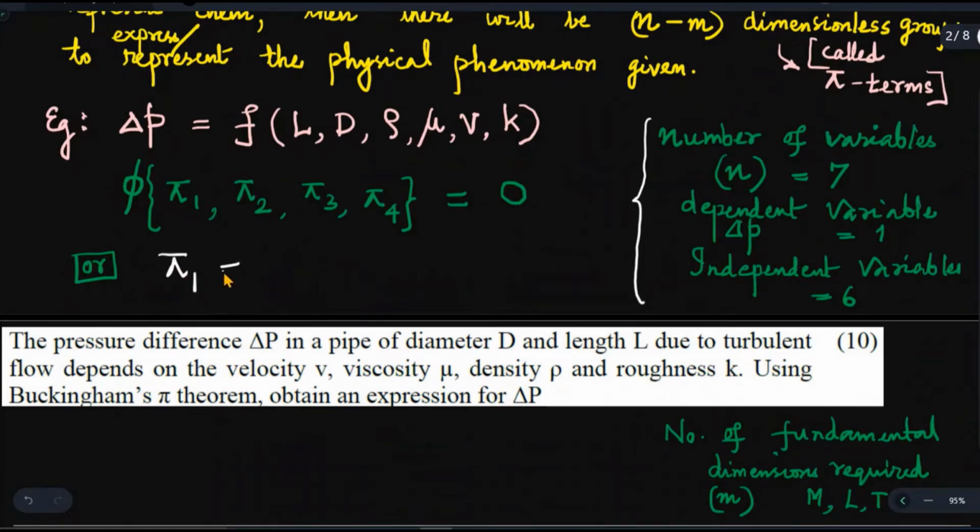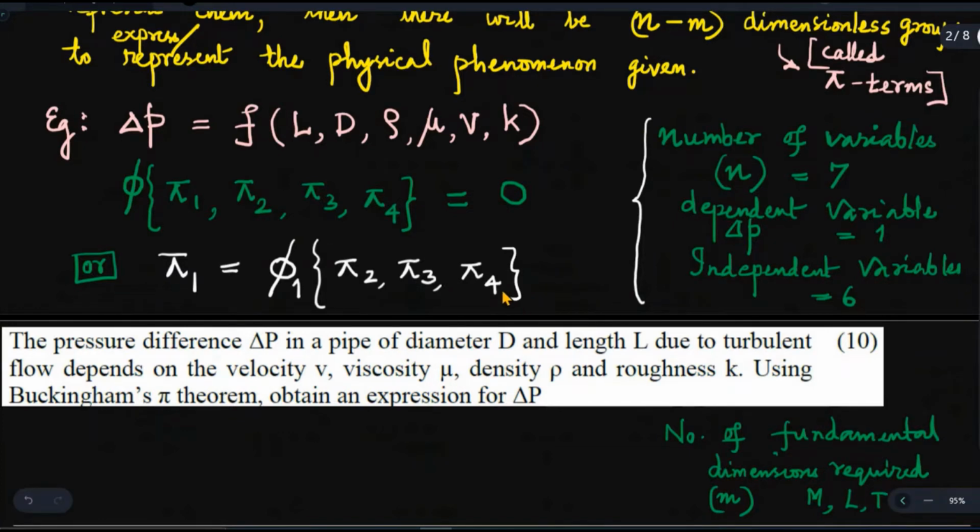So pi 1 is another function of pi 2, pi 3, and pi 4. So instead of writing a function of all the pi terms equal to 0, you can express it as the first pi term being a function of the rest. Okay, so pi 1 is a function of pi 2, pi 3, and pi 4.